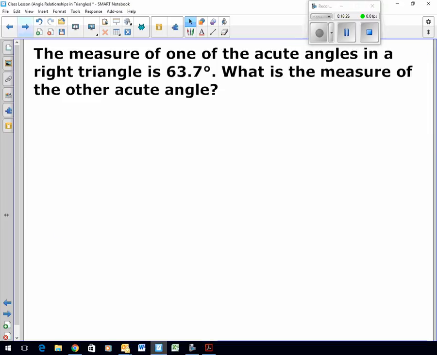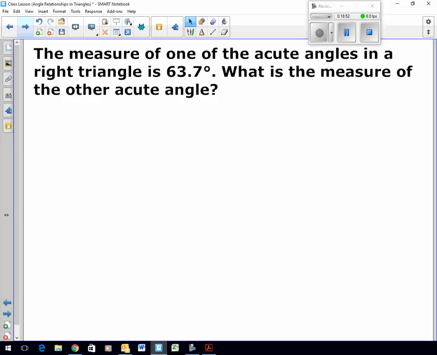The measure of one of the acute angles, don't write it down, let's just solve it. The measure of one of the acute angles of a right triangle is 63.7 degrees. What is the measure of the other acute angle? Hey, Miss Morris, it's a right triangle. So the acute angles are what? Smaller than 90, that's a good answer.